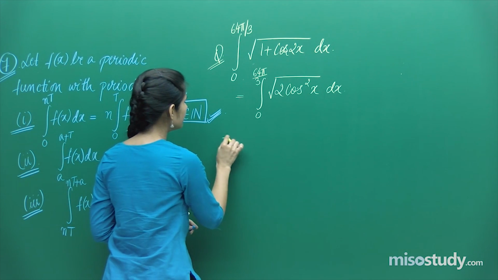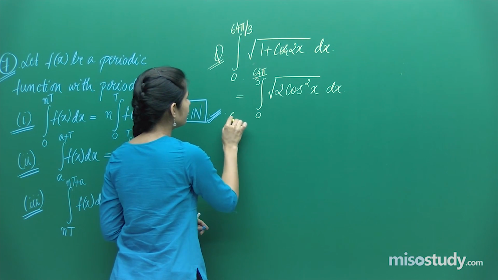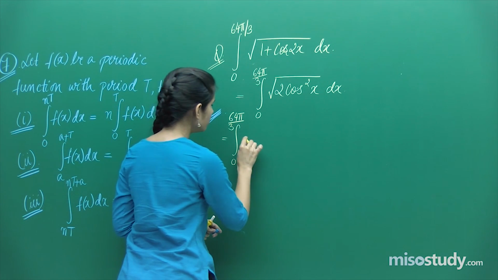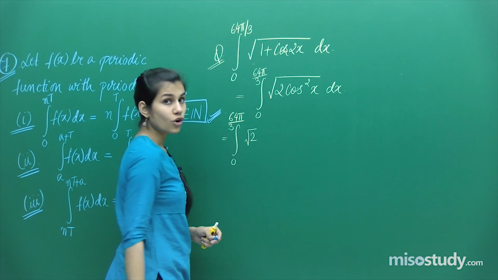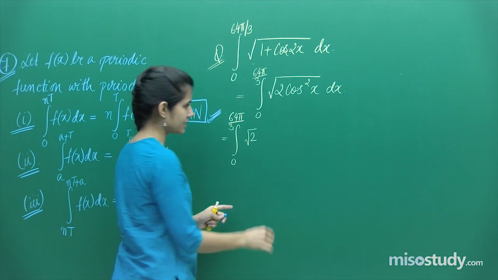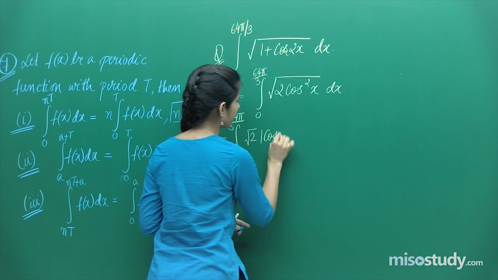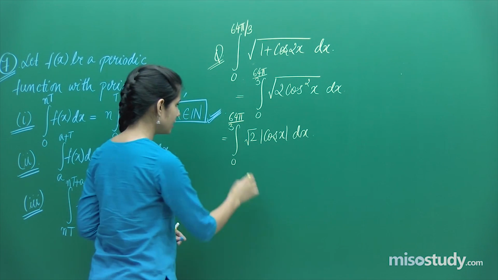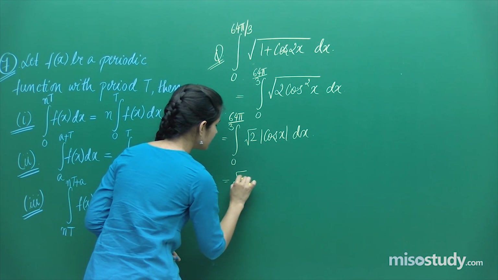This is going to further boil my calculation down to what? Root 2, not cos x but mod cos x. After this, root 2 is going to come outside.